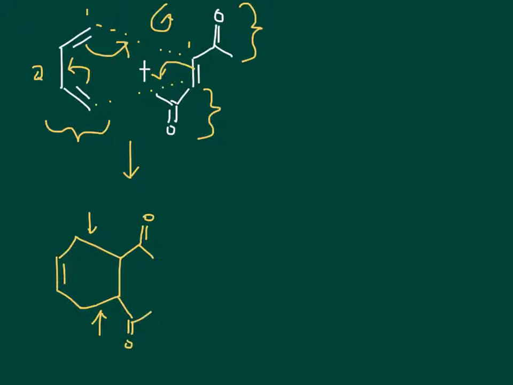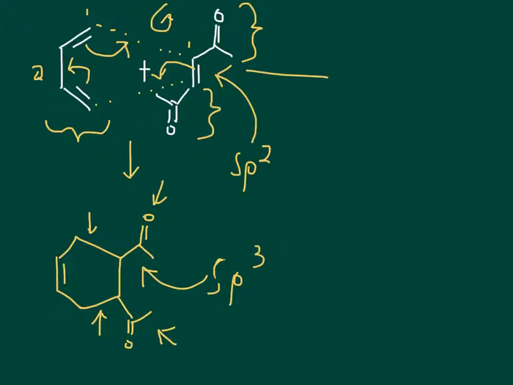Now the last thing to consider is stereochemistry, because we went from sp2 hybridized carbons to sp3, and I'm referring to the carbons that the electron withdrawing groups are attached to. So, what is the stereochemistry of these two groups going to be?